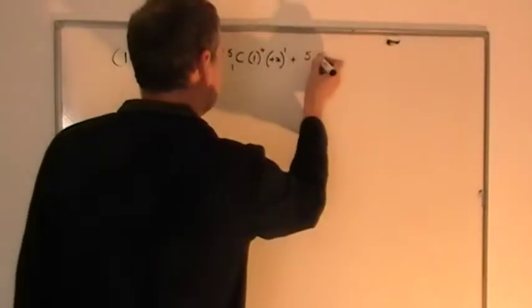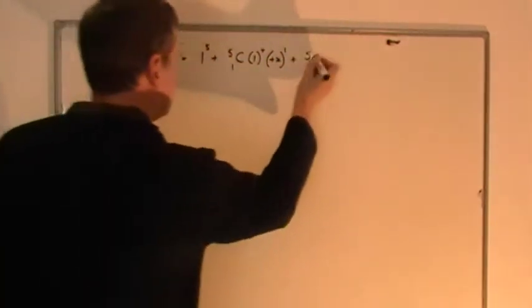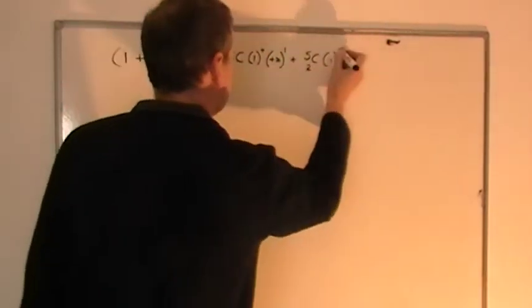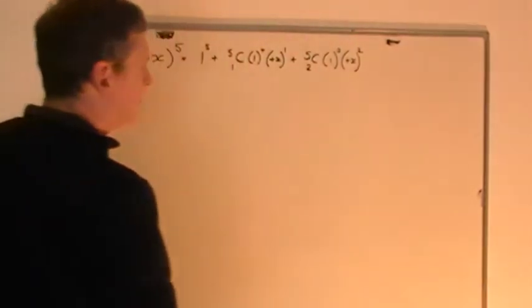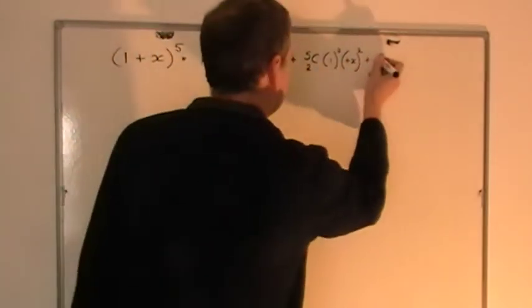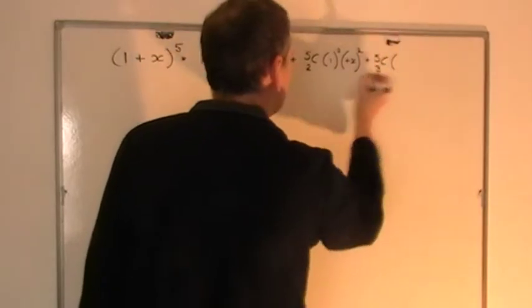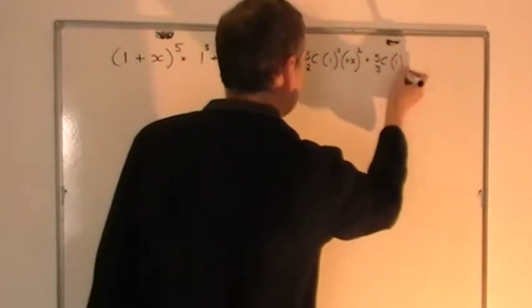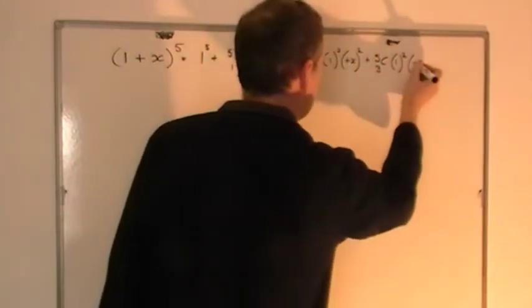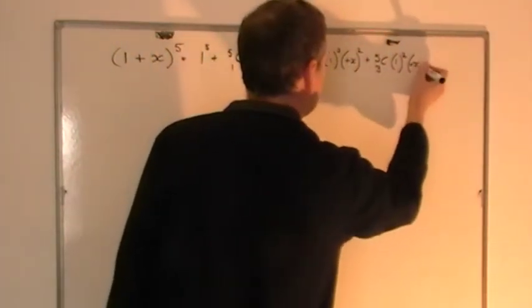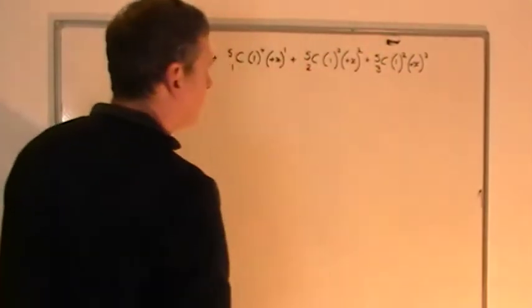Plus, next, 5 choose 2 comes next, then we have 1, power 4 becomes a power 3, and then we have a plus x that increases to power 2. Next, we have 5 choose 3, the plus 1 power 3 becomes plus 1 power 2, and then the x squared rises now to a positive x to a power 3.